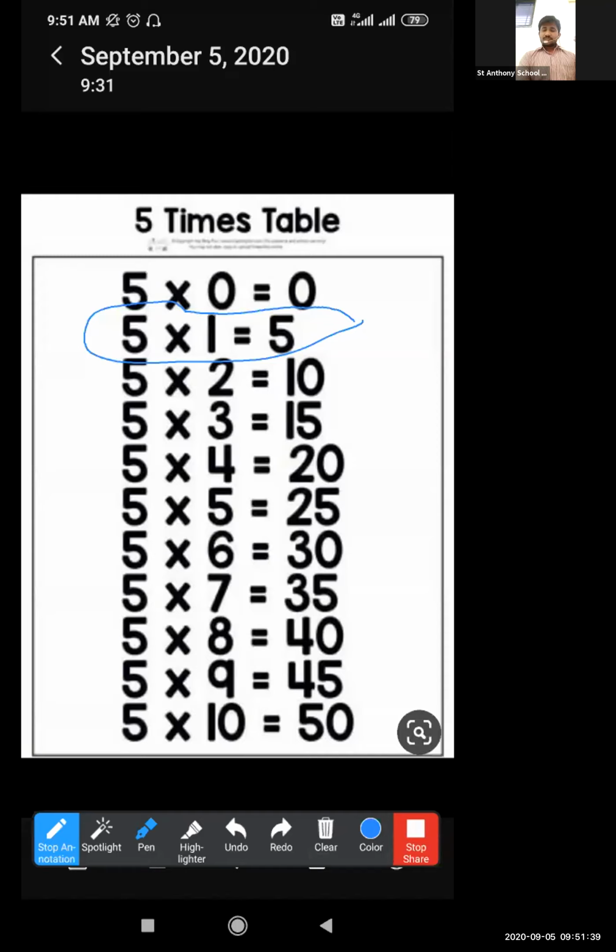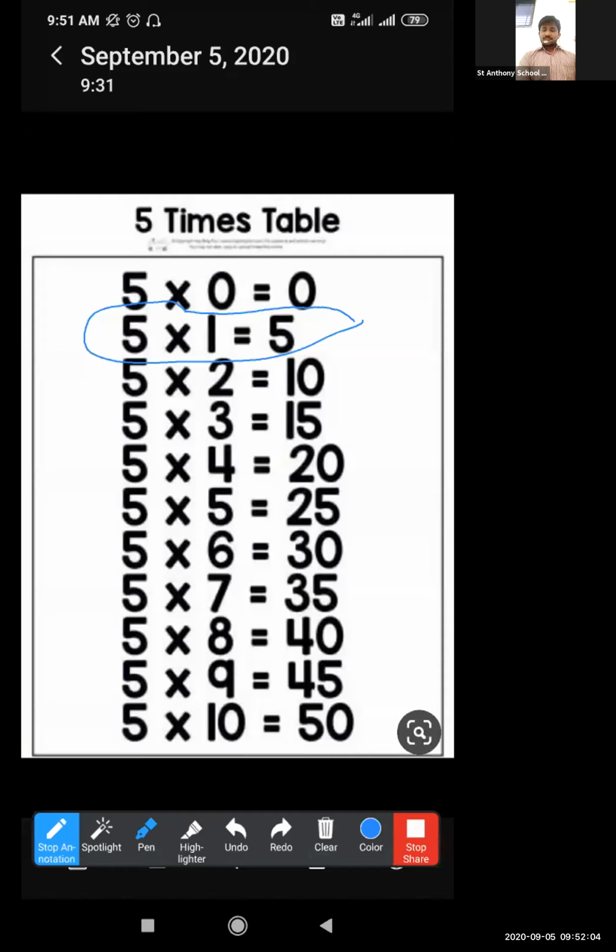Okay, add only one time. 5 को बस एक बार add करो. Okay, 5 rupees, 5 chocolates. Add 5 one time, what answer will you get? Only 5. Right?